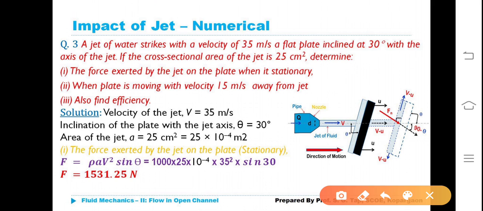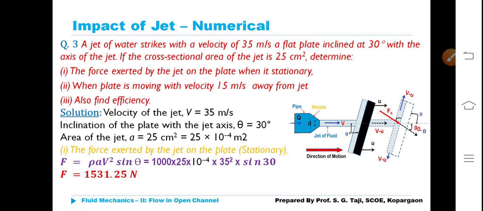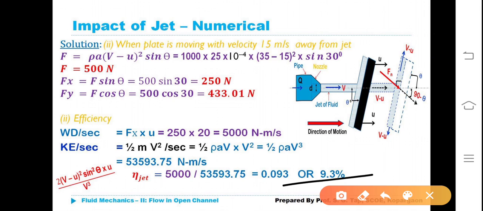And we have found out the efficiency, the work, after finding out the work done and kinetic energy. We have found out the efficiency formula, right? And also we have solved one numerical problem and it was found to be just 9.3% efficiency. Am I right? Do you remember? Yes. Okay. We will continue now.